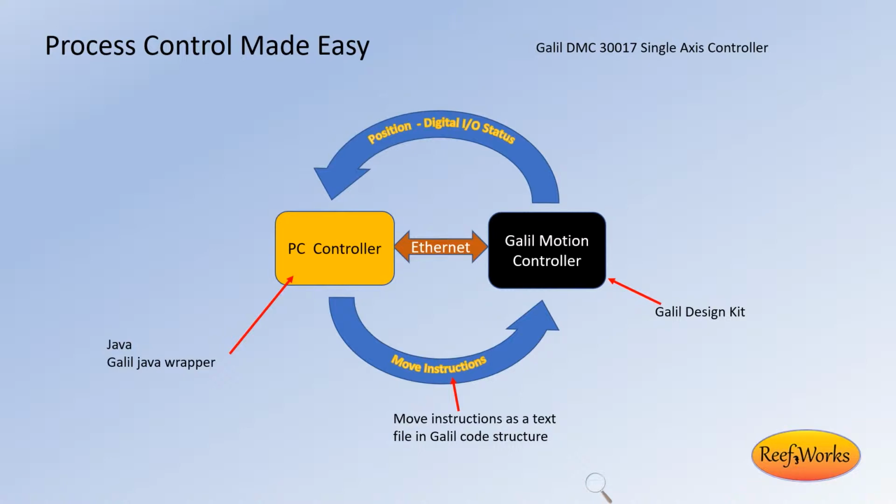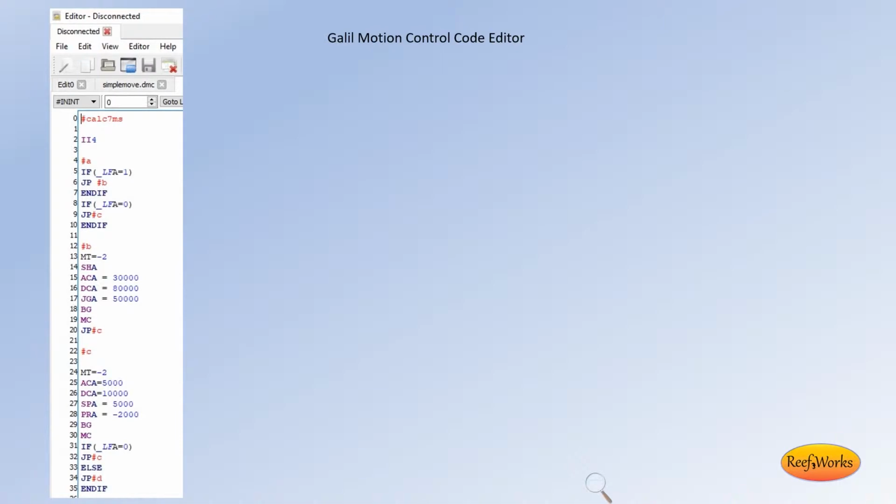Then the Galil Motion Controller, once it's running, will be sending back position information and the digital I/O status, which Java will use to create the overall environment and layout of our axis. So in Java, we'll be using the Galil Java wrapper to achieve that control. So with that, let's jump into the Galil code.